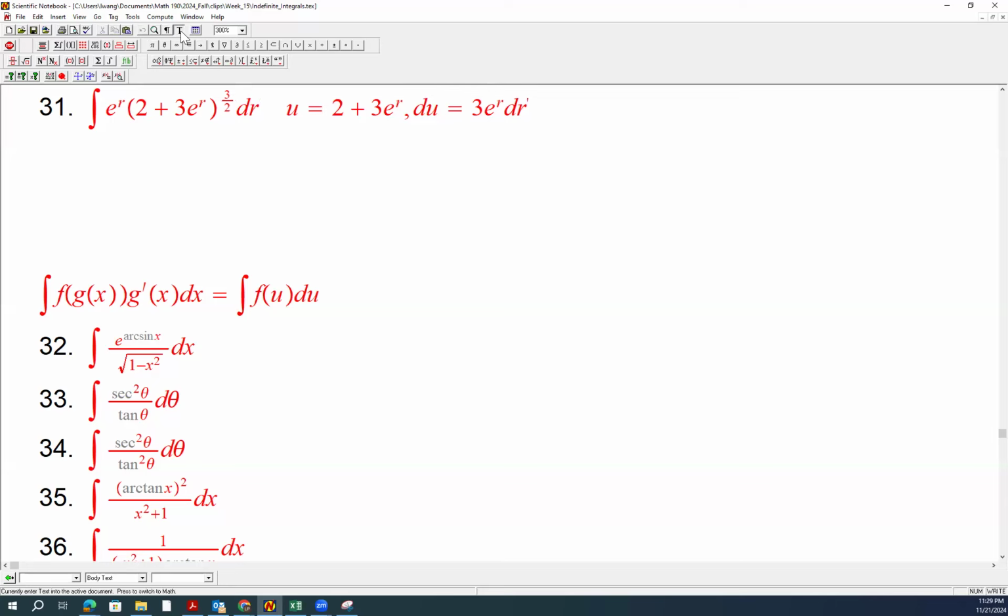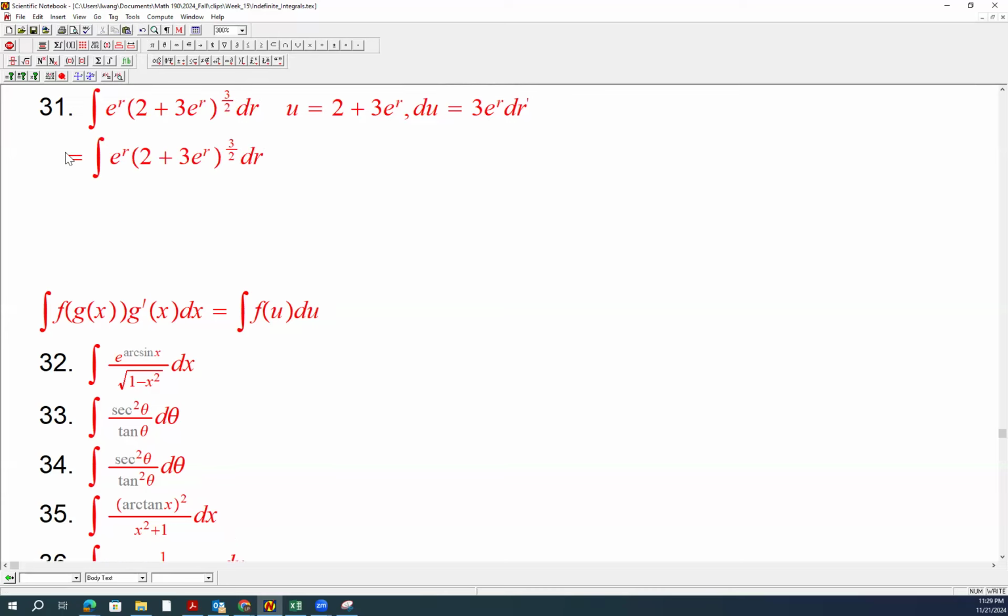For the substitution, we just have to take some tender loving care of this process. So this is a u. E to the power r is brought together with dr, and these two make 1/3 of du.